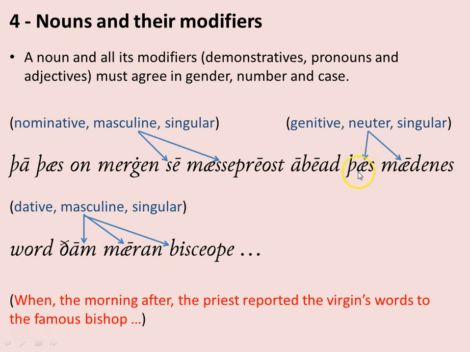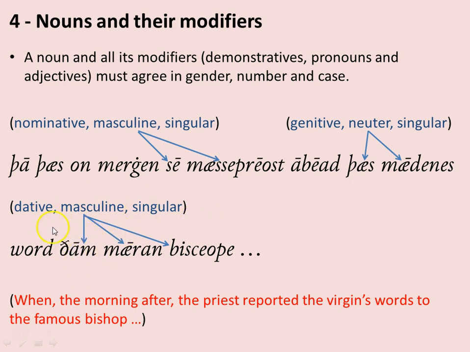So þæs is just the, se is just the, and over here þæm is also just the, but they change form, they change case according to their use, according to the nouns that accompany them. If you have a look here, þæm mæran bisceope. This is in the dative, masculine and singular.